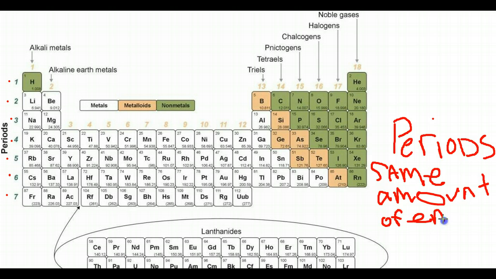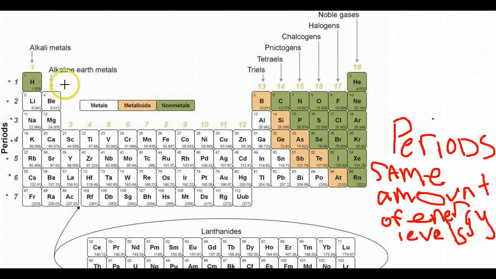So, for example, if you look at all of the elements that are on period 4, all of these elements have 4 energy levels. They have electrons that are on the 4th energy level.